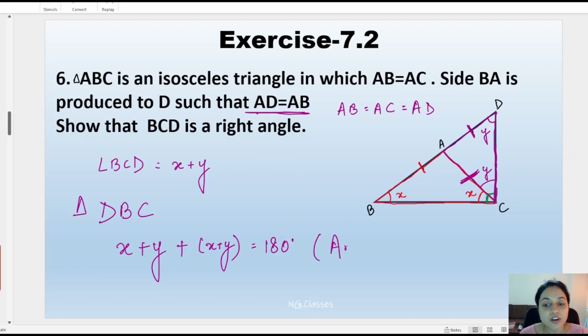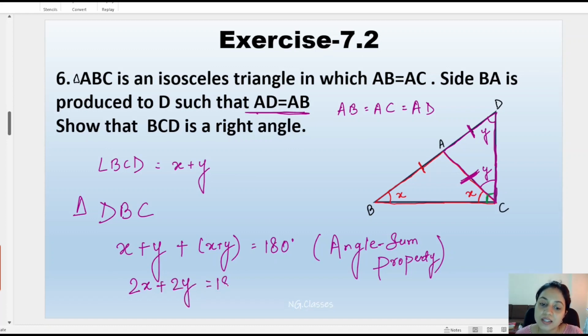Angle sum property of the triangle. Recall that the angle sum property of the triangle says the sum of all the interior angles of a triangle will be 180 degrees. Now let's combine the like terms. So we are getting 2X plus 2Y is equal to 180 degrees.